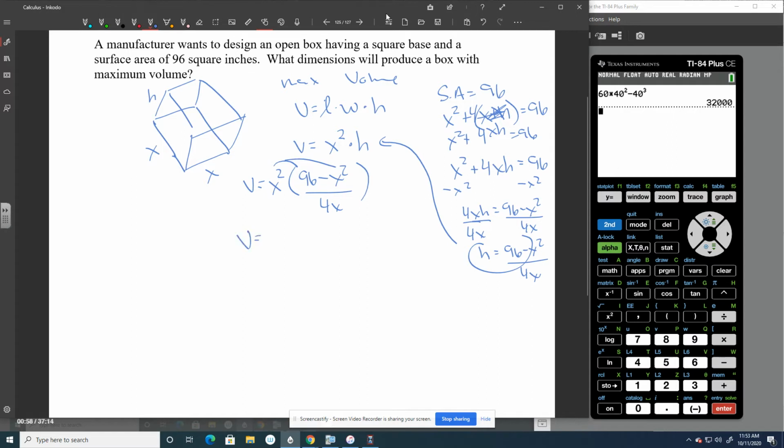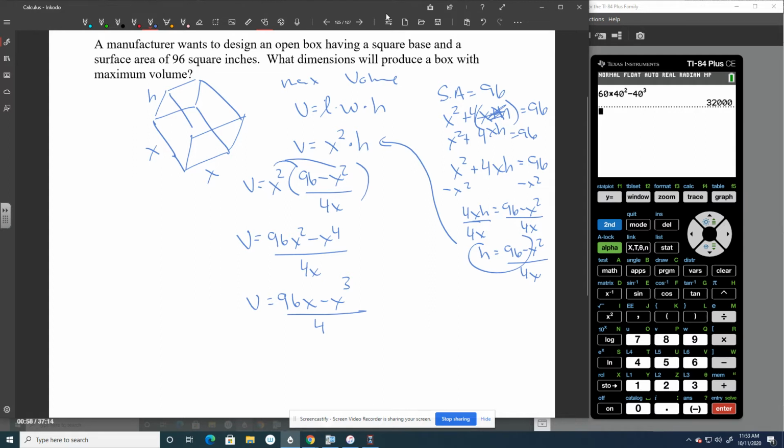So volume equals 96x squared minus x to the fourth, all over 4x, which is kind of nice because now my volume equals, an x cancels, so 96x minus x cubed, all over 4. Okay, now I'm finally ready to set up to take my derivative of my volume.